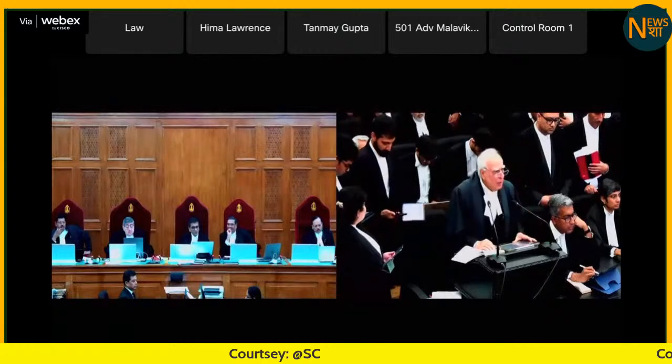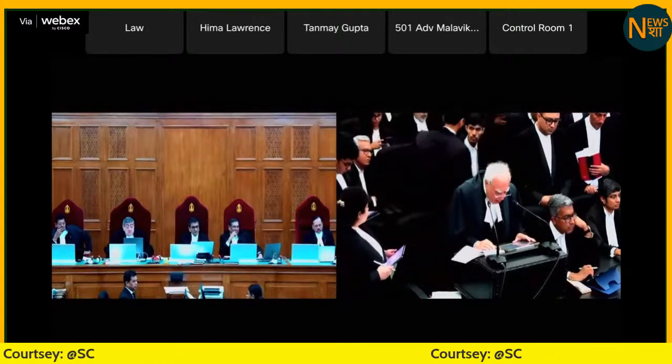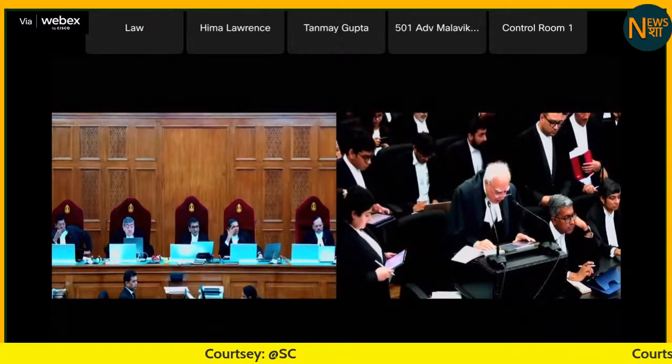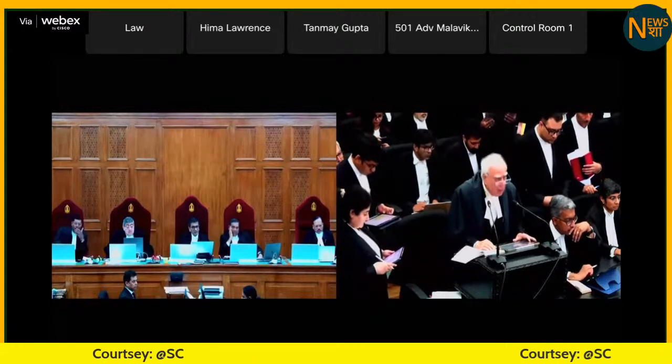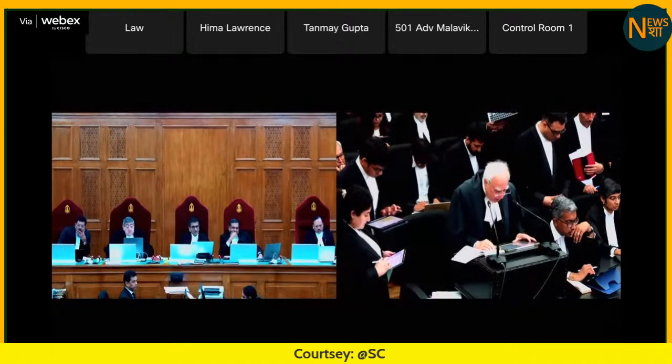Now read it with me. The order may be called the Constitution (Application to Jammu and Kashmir) Order 1950, which shall come into force for the purposes of sub-clause B1 of clause 1 of Article 370 of the Constitution.